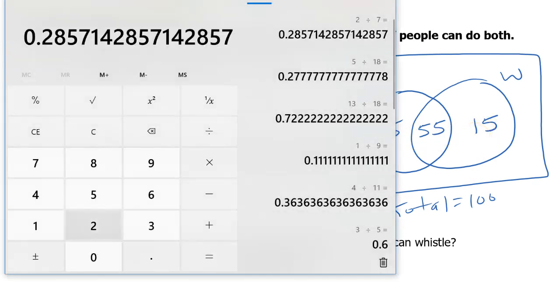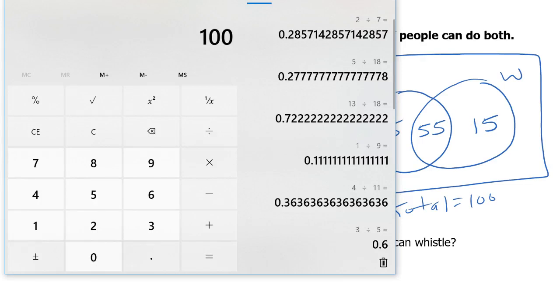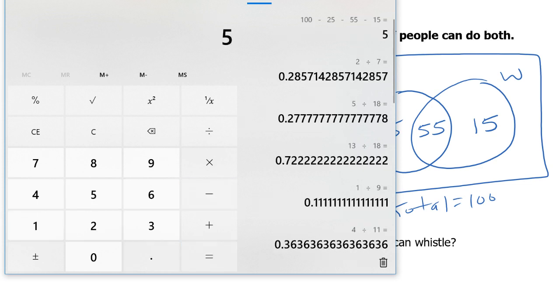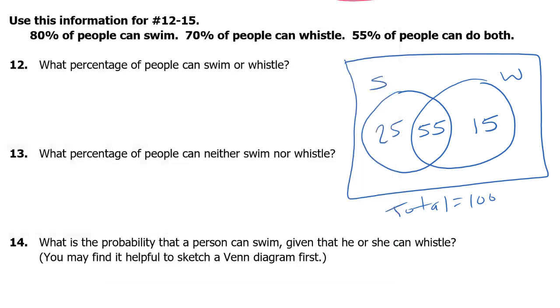If we do 100 minus the 25 minus the 55 minus 15, that leaves 5. So that means 5% of the people can neither swim nor whistle.